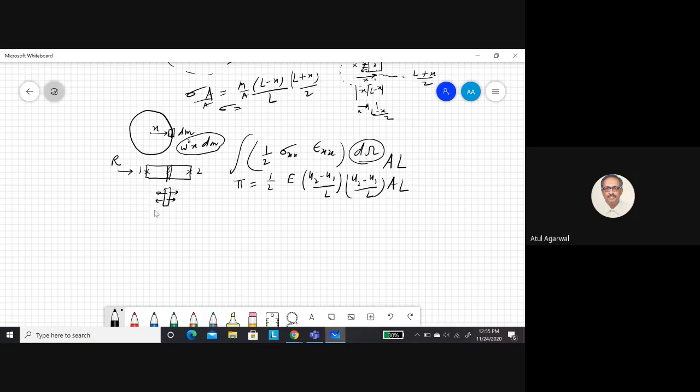Are these stresses equilibrating or not? Is this element in equilibrium or is it not in equilibrium? This will be in equilibrium, sir. Why is this element going around in a circle?